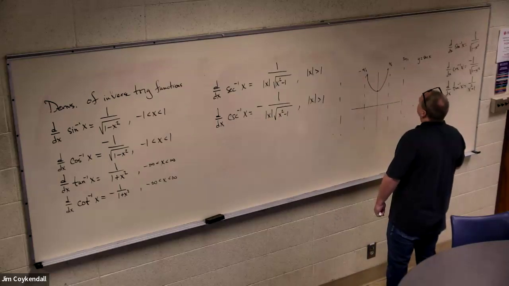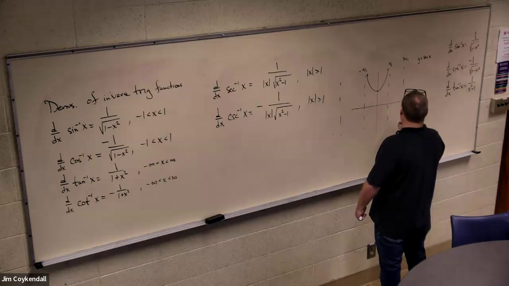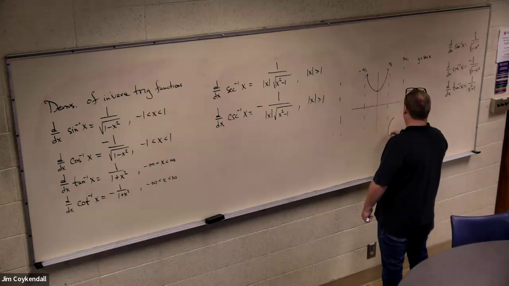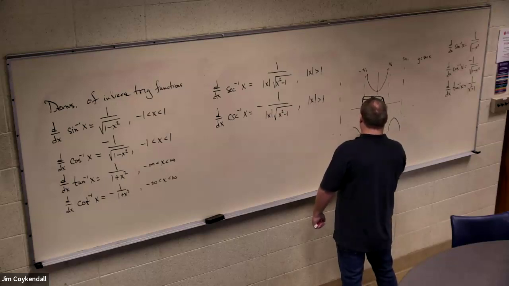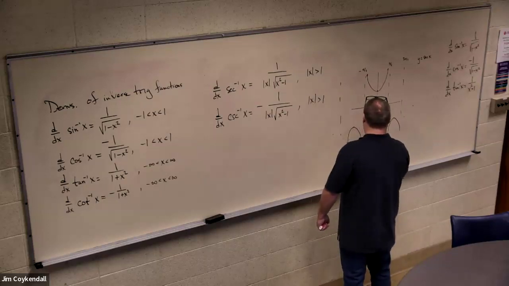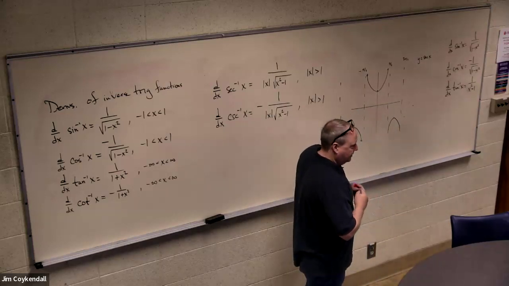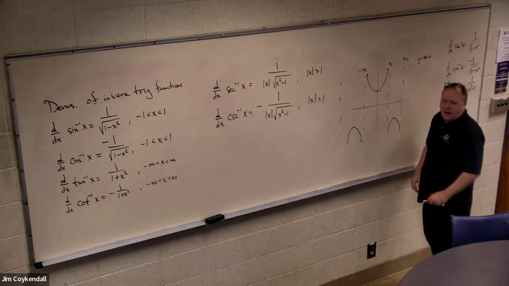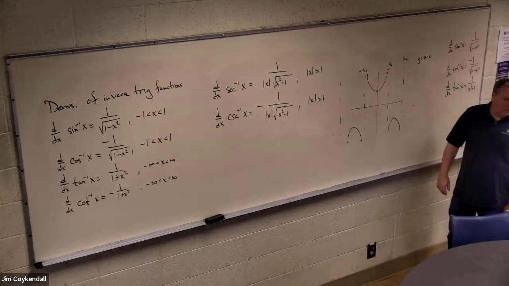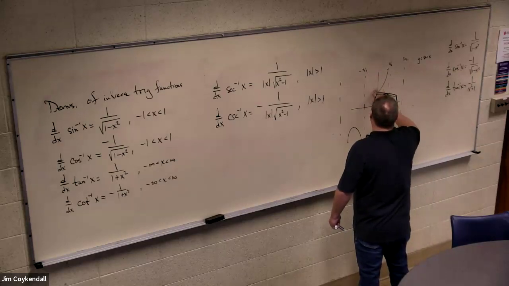Now notice the secant isn't a one-to-one function either, is it? So how do you pick a one-to-one piece that reflects this? Well, some books might pick it here.